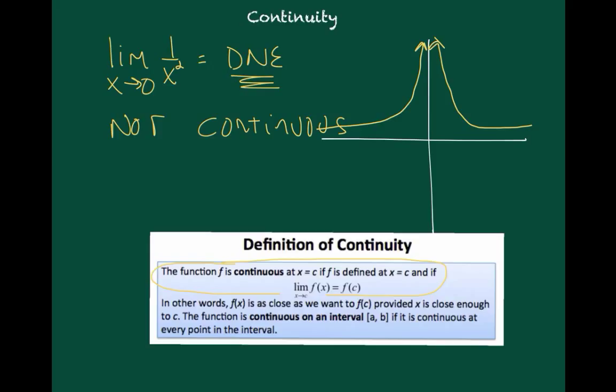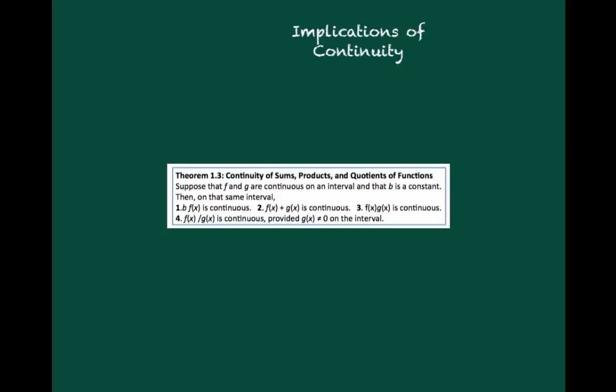Okay, Ramblers, let's take a look at some implications of continuity, and then we're going to finish things off by looking at some tricks for evaluating limits. As a result of continuity, we have 4 important implications, actually 5, you'll see in a minute. Let f and g be continuous functions over a certain interval, and let b be some constant number. It can be anything, positive or negative.